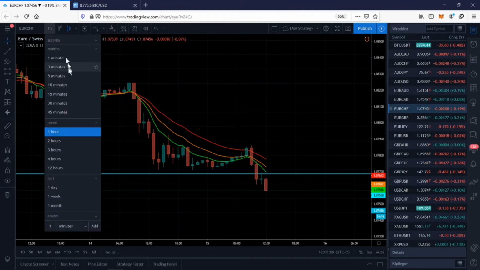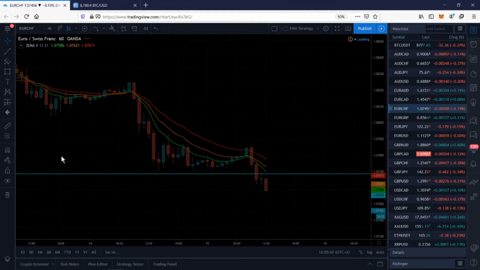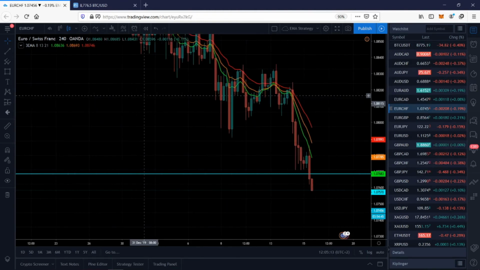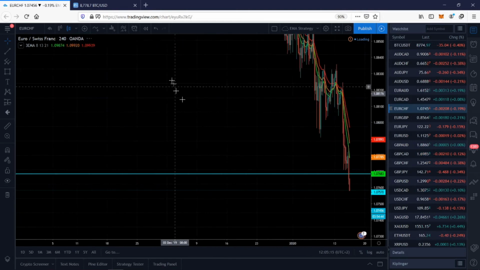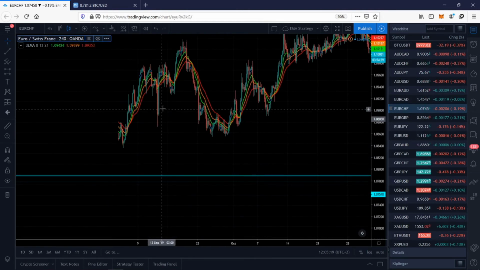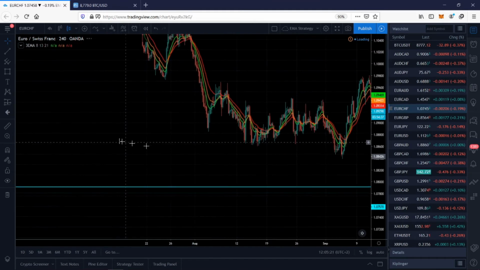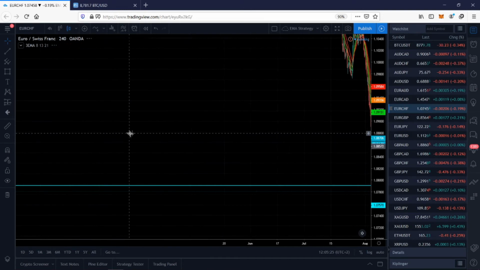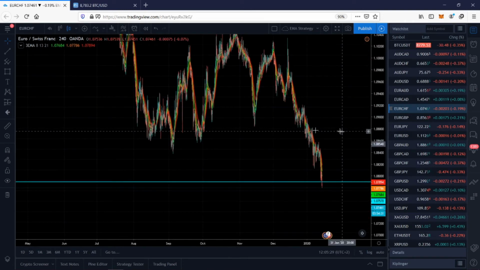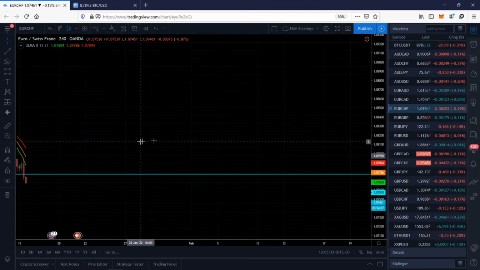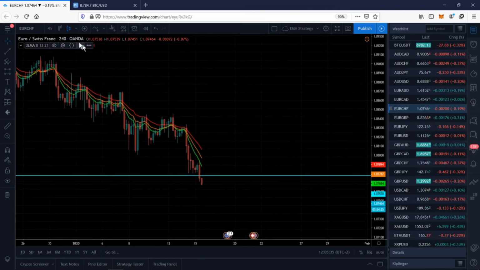However, for a short, I'm not too comfortable with that because the price is at a low, and you can see on the 4-hour chart that the price hasn't been this low for a long time. So I'm a bit wary about shorting at the bottom. So I'd rather just leave that one.